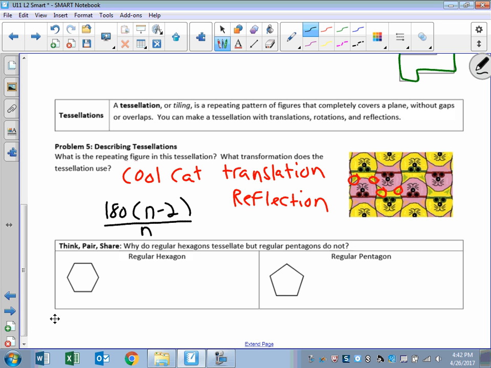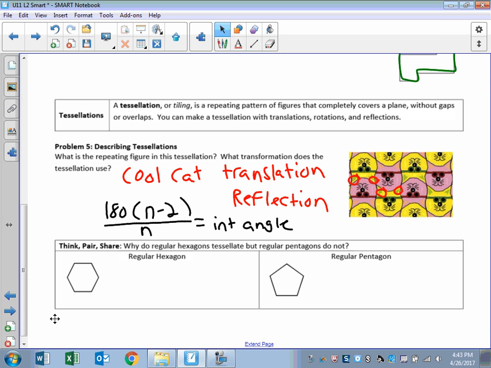Now the rule is going to be when you find this, you're going to have to be able to divide 360 by that number and come out with a whole number. Okay. So kind of think about that. I don't want you to work it out here. I just want you to think about why it would work for a hexagon and not a pentagon. And I'm going to show you on the next one how to use the equation to determine.